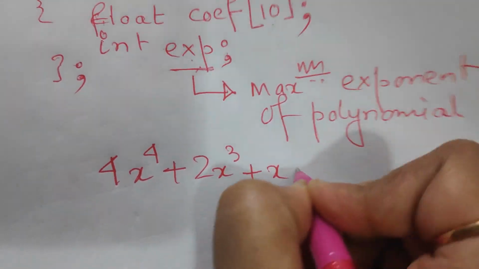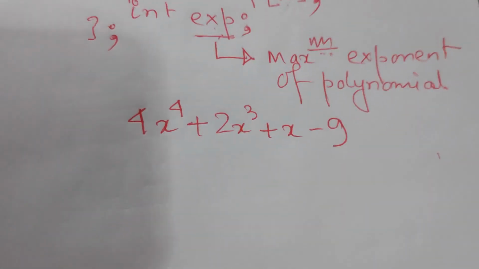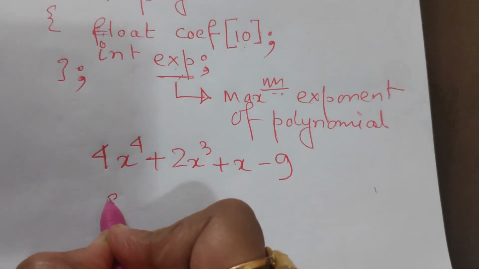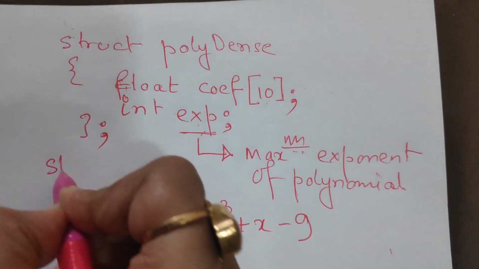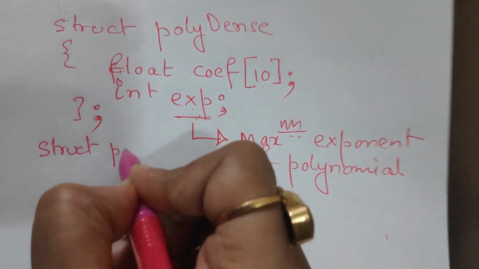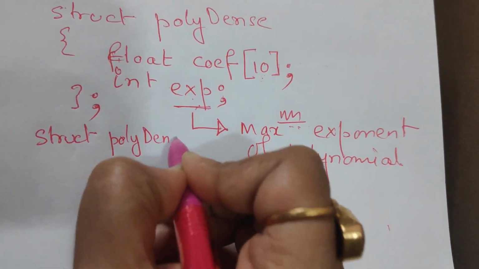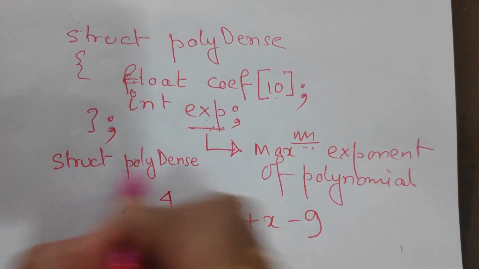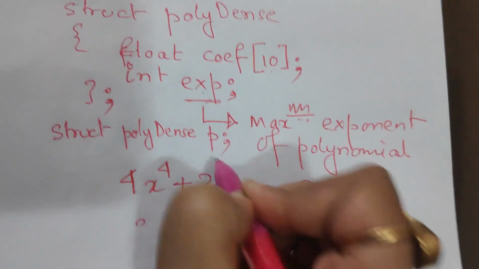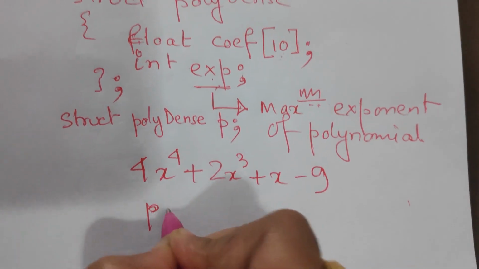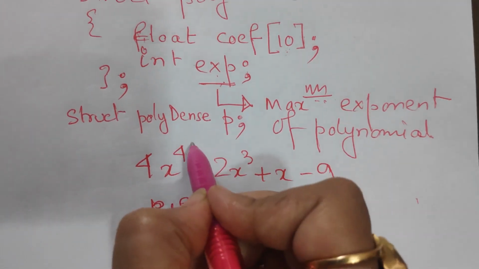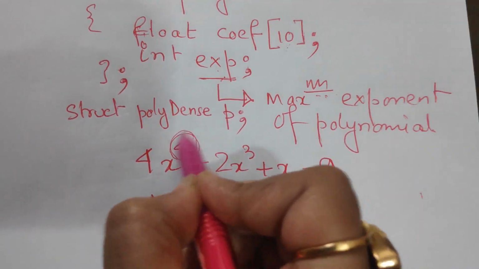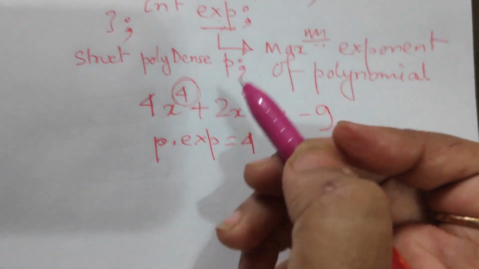Suppose the variable of this dense poly is p. Now p dot exponent will be stored as 4. Why? Because 4 is the maximum exponent of this polynomial.